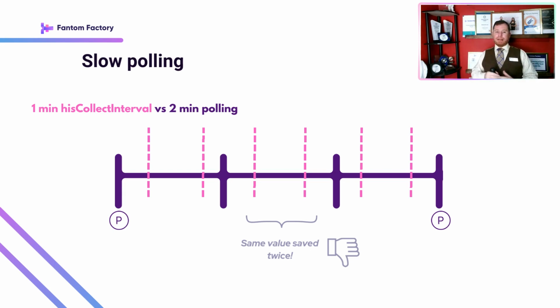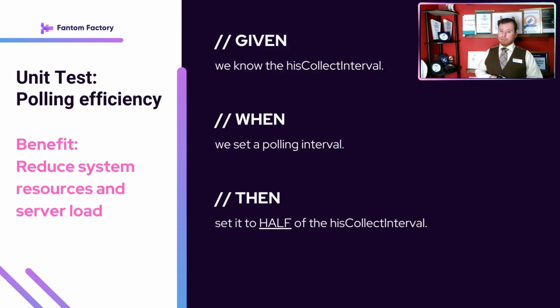Well, maths dictates that to ensure that our current value is always fresh and stored at once, we should have a polling interval of about half of our hisCollect interval. Summing up then, given we know the hisCollect interval, when we set a polling interval, we should set it to about half of the hisCollect interval.